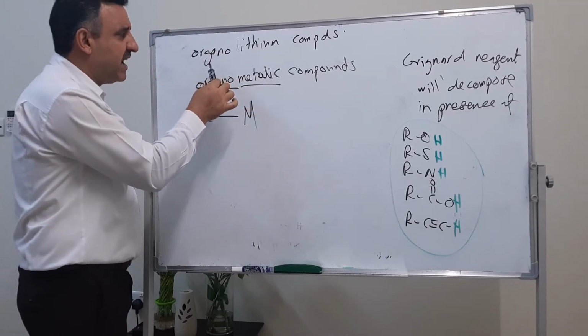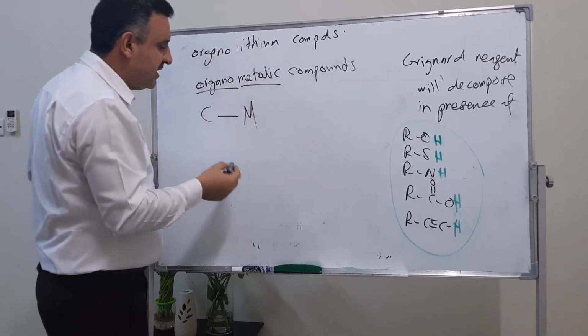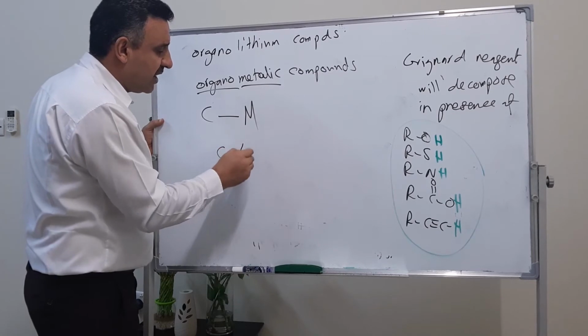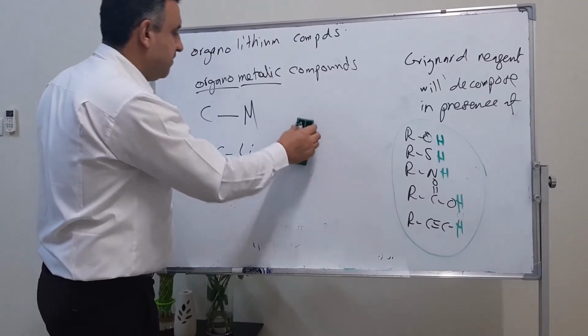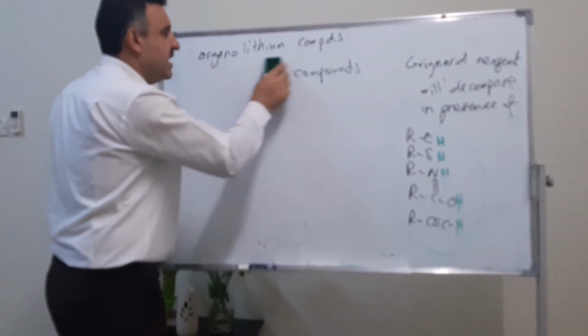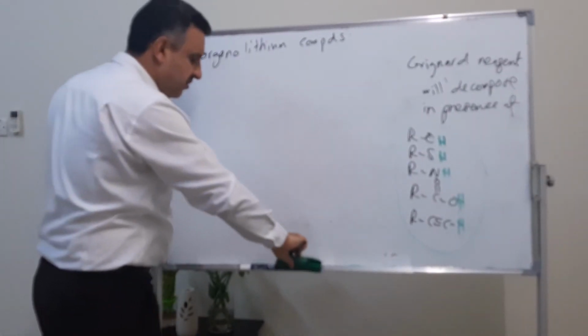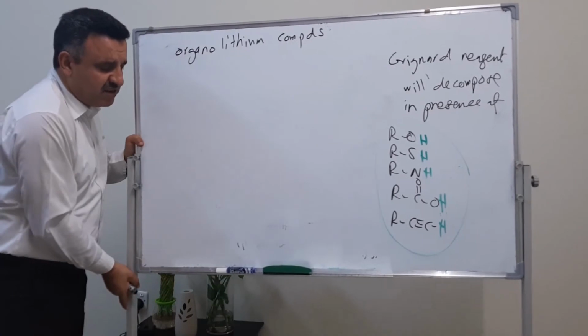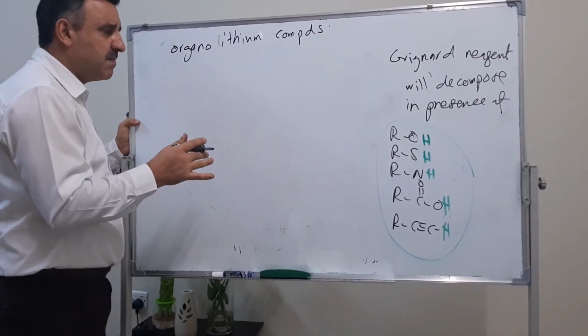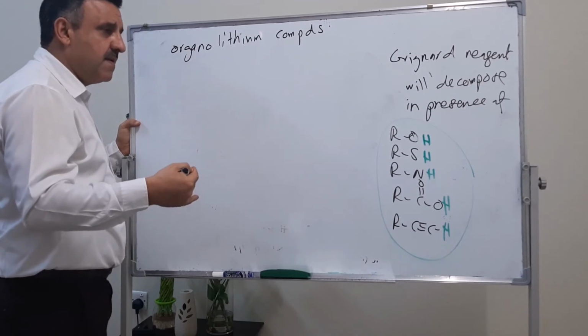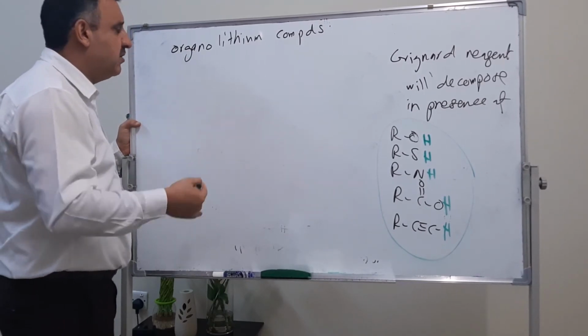When we specify organolithium, it's very simple: carbon attached to a lithium. Whatever we studied for the Grignard goes exactly the same way, nothing different, except that instead of magnesium metal, we will use lithium metal.